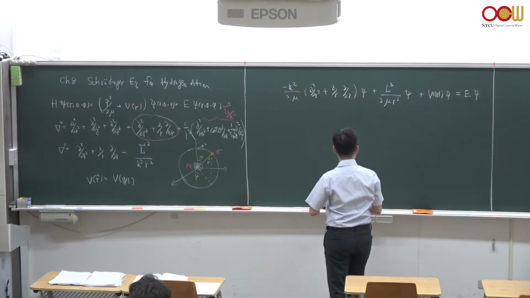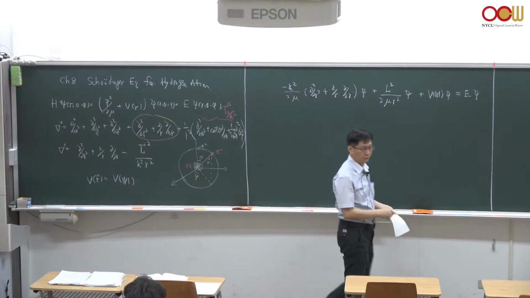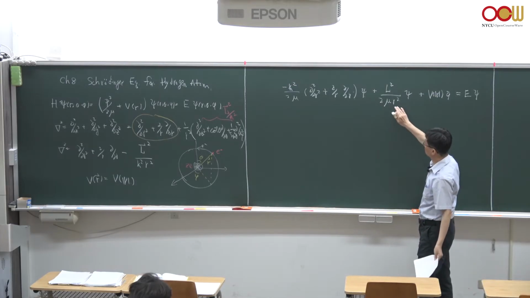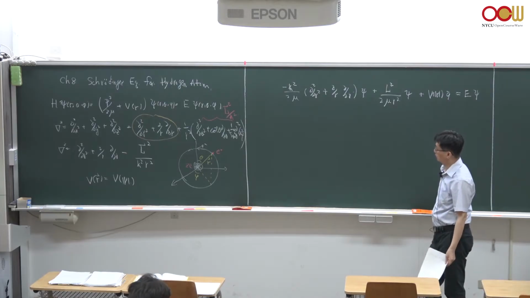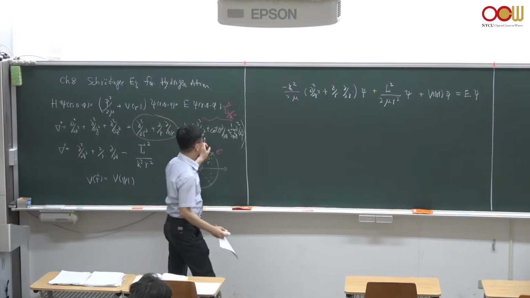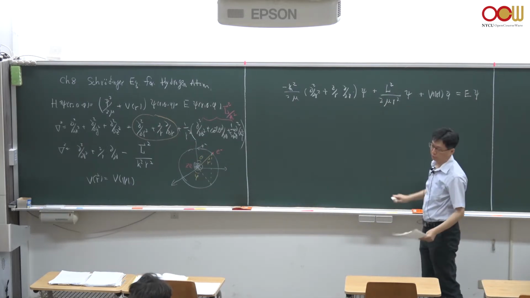So in general, this psi, an eigenfunction of a hydrogen atom, is a function of r, theta and phi, but we could decompose this gradient squared in terms of derivative involving this d by dr and the remaining angular part, which is L squared.